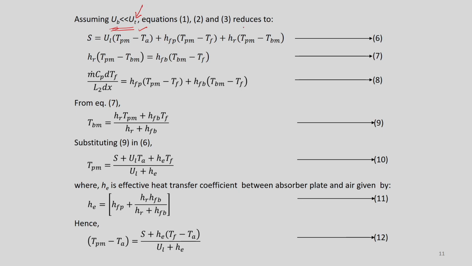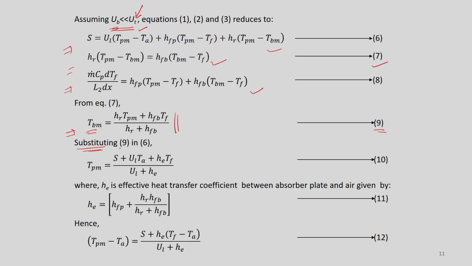Under that condition, the original equations reduce to S equal to this expression, and then h_R will be something like this, and then finally this last expression. Now, when we talk about the energy balance in the fluid, it will simplify to something like this. Then if we use equation 7 again to calculate T_bm, our expression will be something like this, and this T_bm is equation 9.